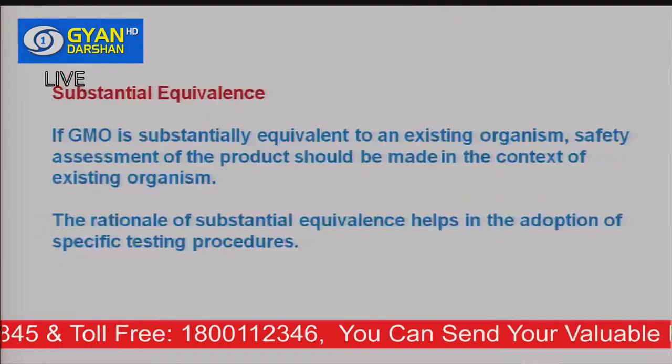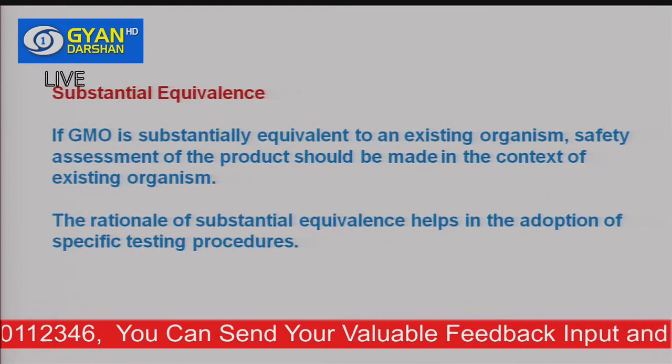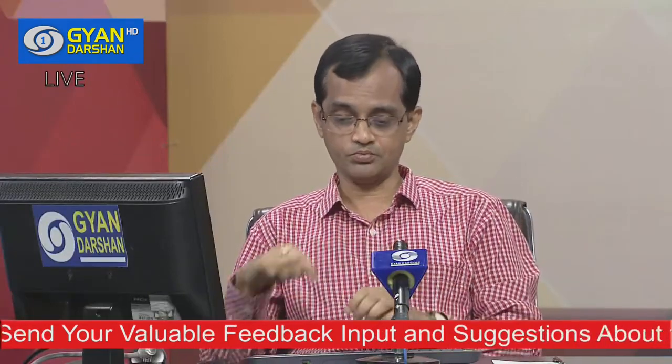Whenever you are generating such a transgenic product, you have to show that it is exactly identical to the normal plant, with the exception that it has one value added trait. That is what is spelled out in substantial equivalence. And mind that whenever you are going for commercialization or marketing of a product, you have to address this substantial equivalence issue.